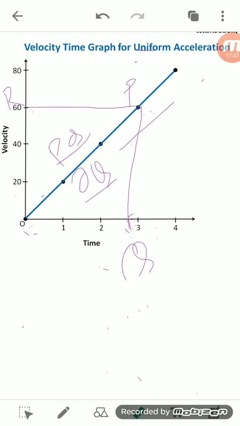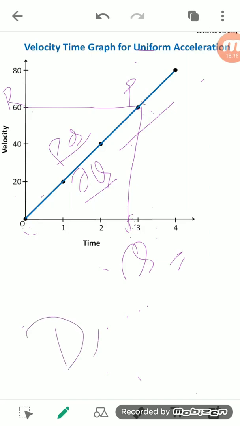Now see here, if we want to calculate the distance traveled by the moving body in a given time, this also we can calculate from the speed time graph. The distance traveled by the body in a time, taking the corresponding point at Q, will be equal to the area of the triangle OPQ.